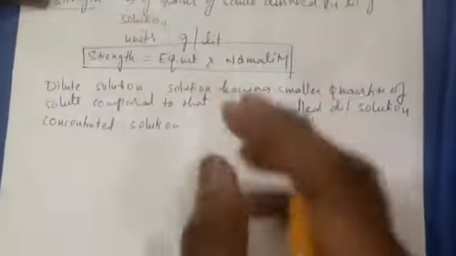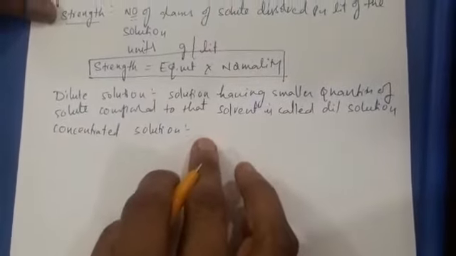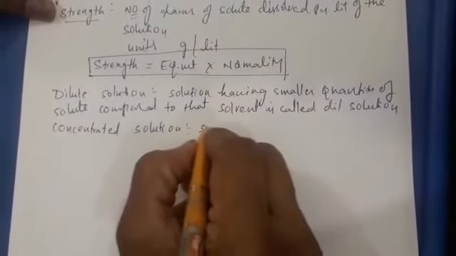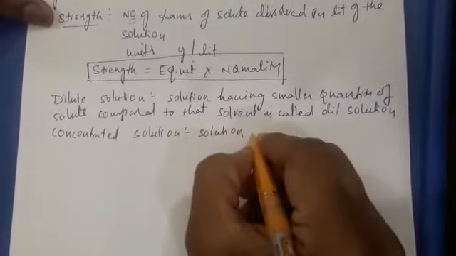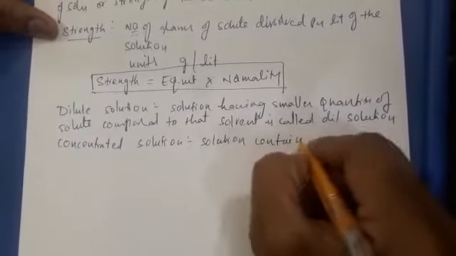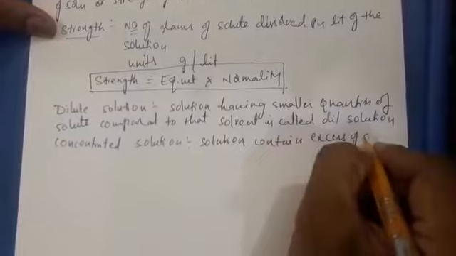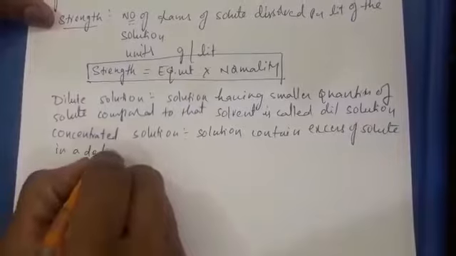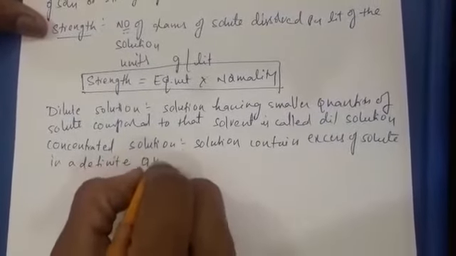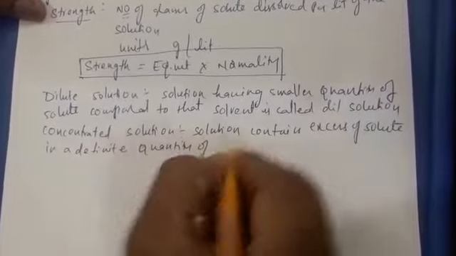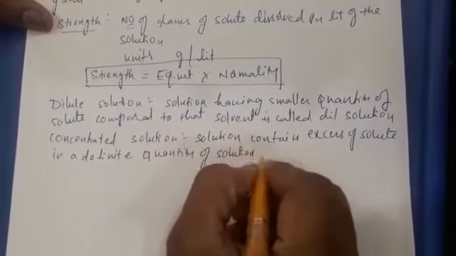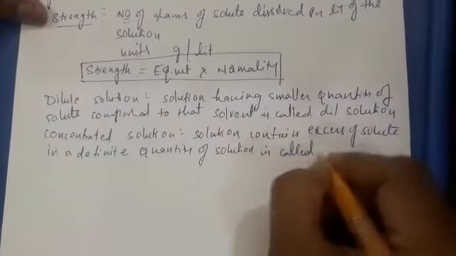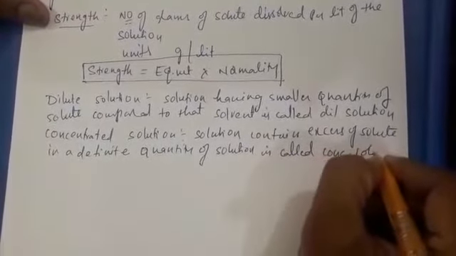A solution which contains excess of solute in a definite quantity of solution is called a concentrated solution.